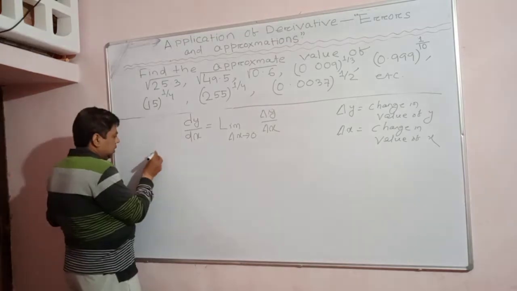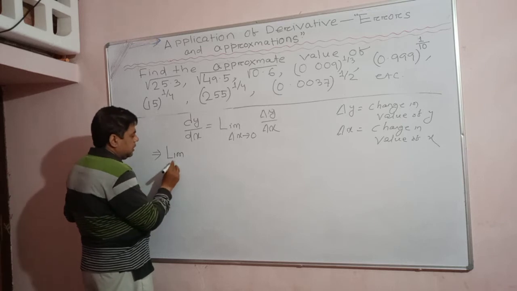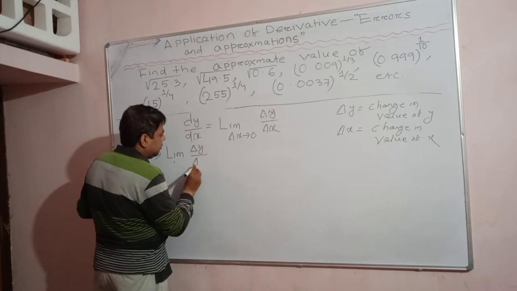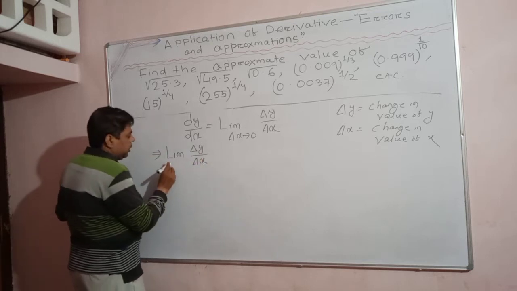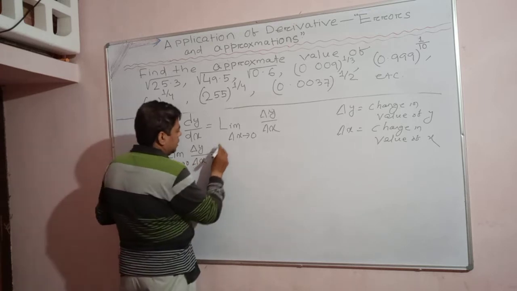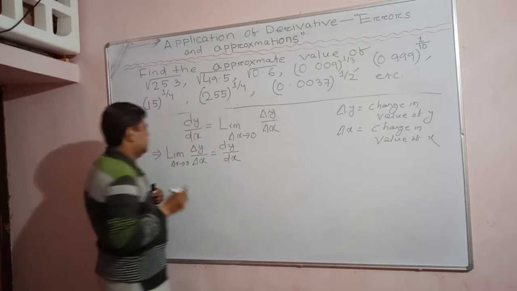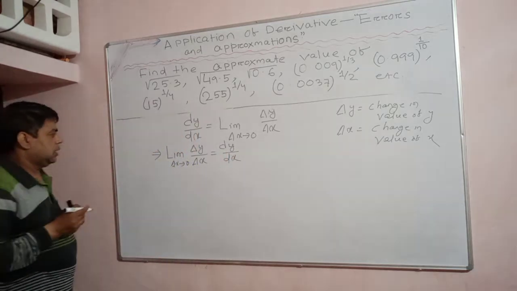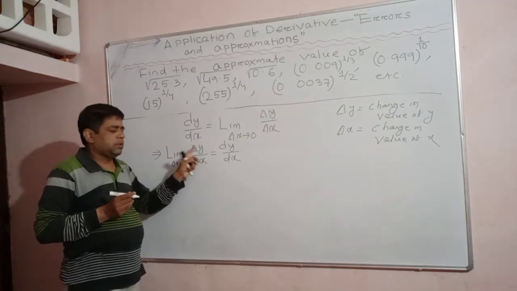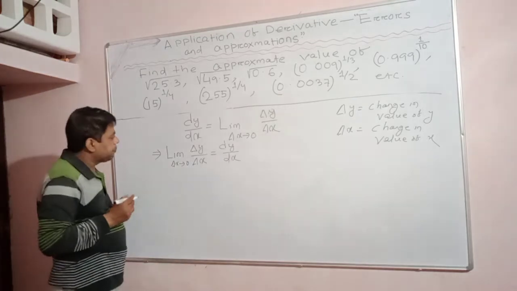So we can write the limit of del y by del x when del x approaches 0, according to the definition of derivative, is equal to dy by dx. Understand? And del y by del x is the limiting value of the rate of change of the function with respect to x. All of you know.